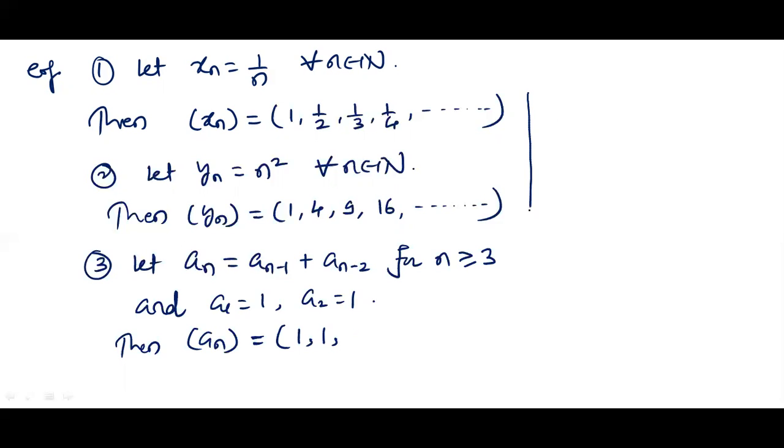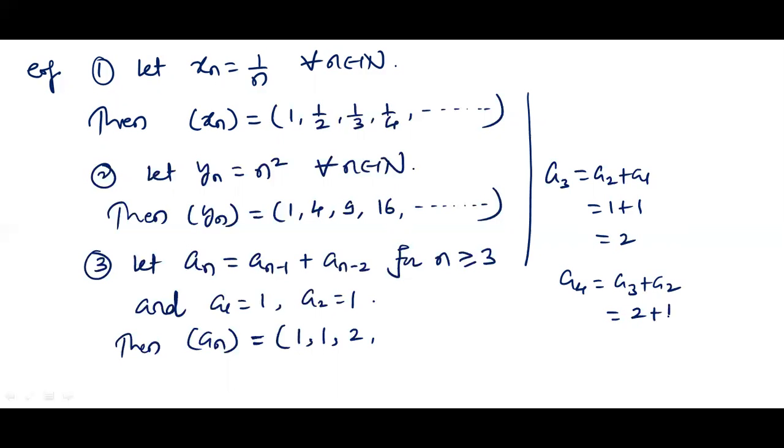Then the third term a3 is equal to a2 plus a1, that is 1 plus 1, 2. The third term of the sequence is 2. Fourth term is nothing but a3 plus a2. Here a3 is 2, a2 is 1, so a4 is 3.